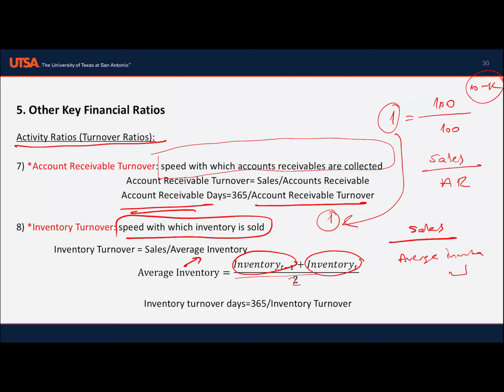So let's say the company sales is 100K and average inventory is 50,000. So the inventory turnover is 2. How can we find inventory turnover days?